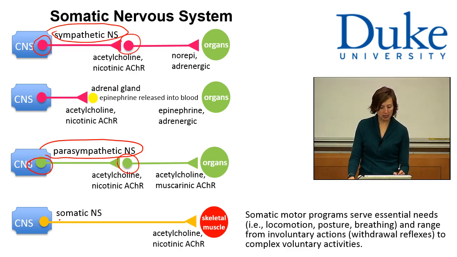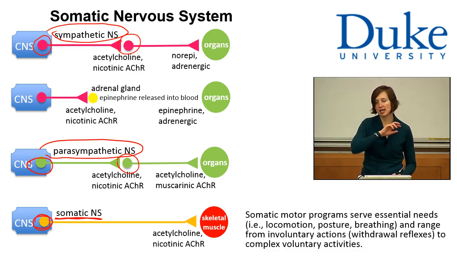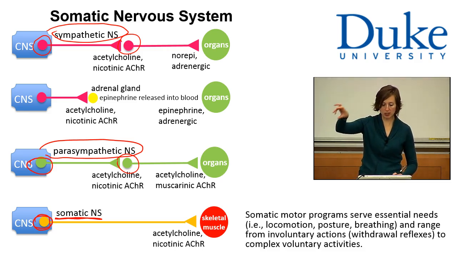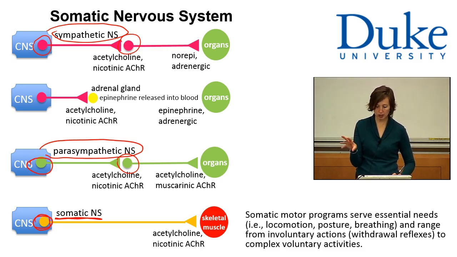But with the somatic nervous system, we have the single neuron, sitting in the central nervous system and sending its axon all the way out to the muscle to stimulate it. So it's a single neuron system in terms of the efferent portion.